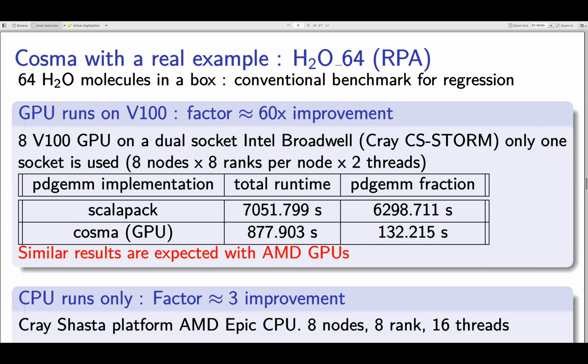Now, if you don't have GPU, just using an external library like COSMA and running the same simulation on CPU, you will get a factor 3 improvement. So we did that on the Cray-Shasta platform, which is composed of EPYC CPU.